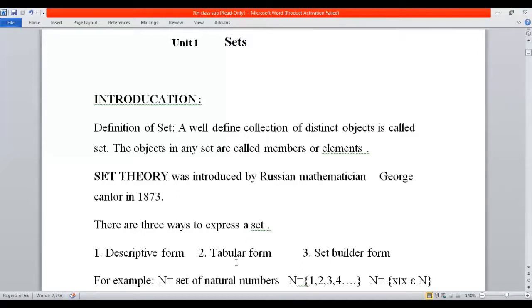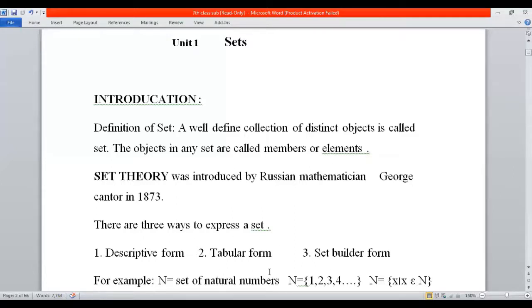Students, you should note one thing, that the set is always represented with bold, capital letters of the English alphabet, just like the set of natural numbers represented with capital N, set of real numbers with the alphabet capital R, set of odd numbers represented with O, set of even numbers represented with E. So sets are represented with bold English letters.